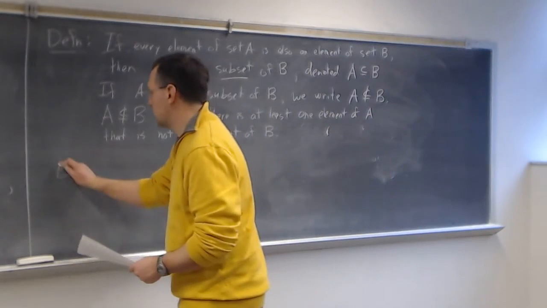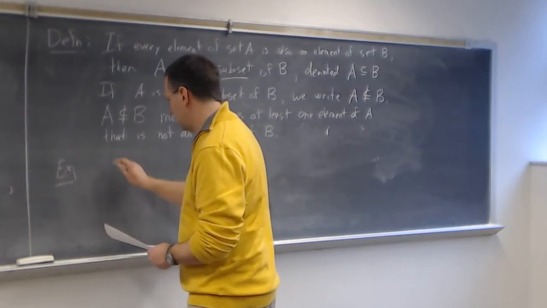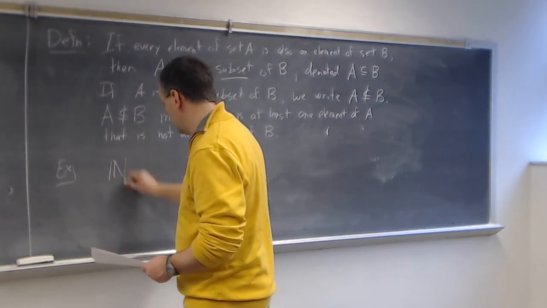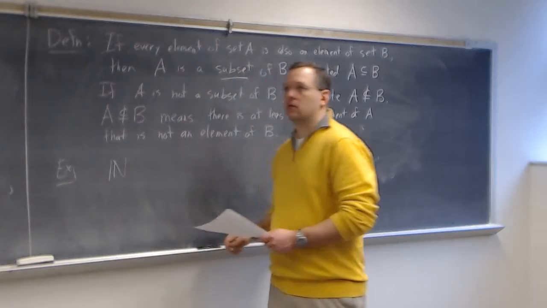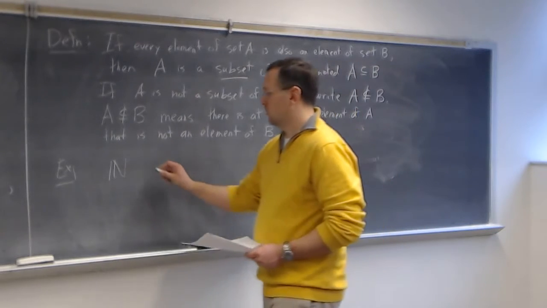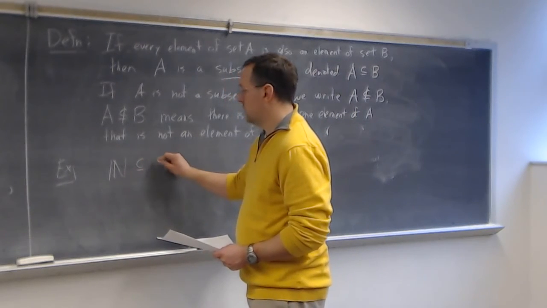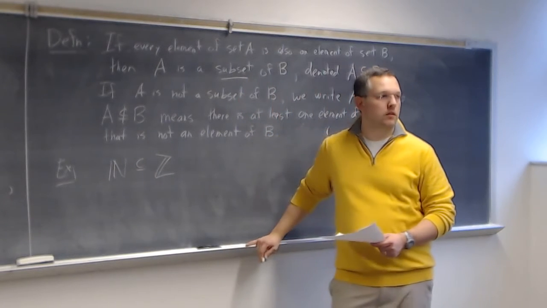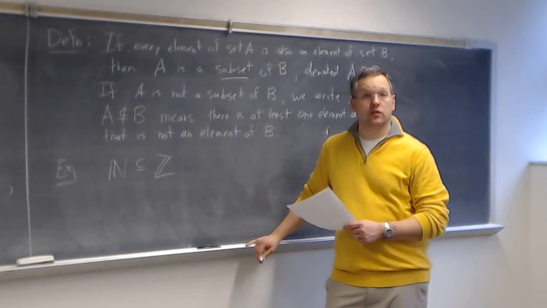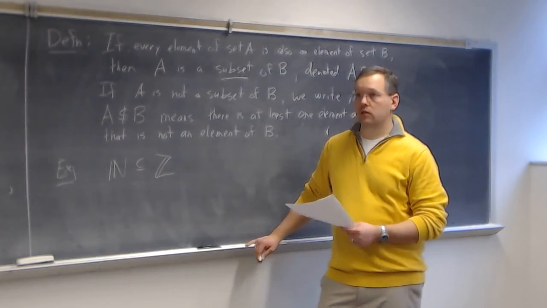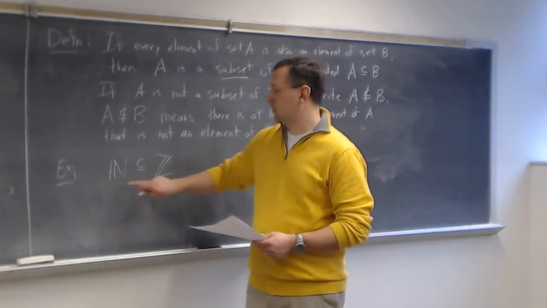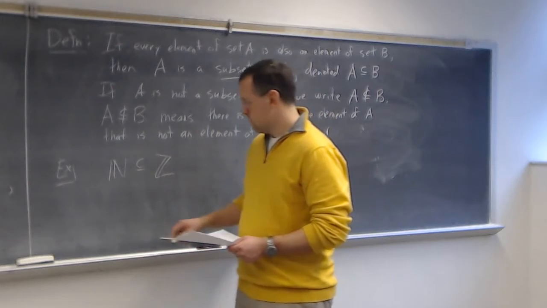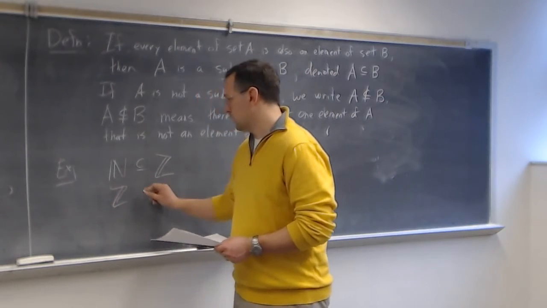Here's some examples. Natural numbers are a subset of the integers, right? Every natural number is also an integer. So this is a true statement. What about the integers?